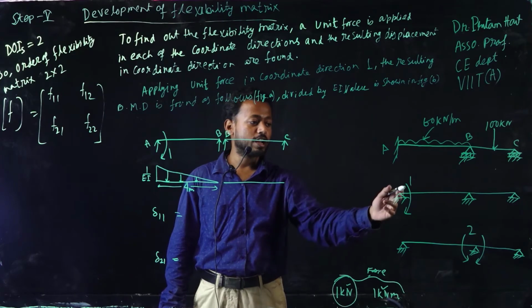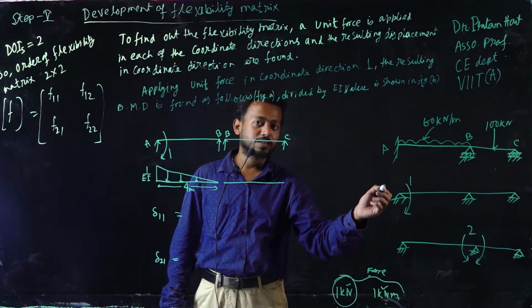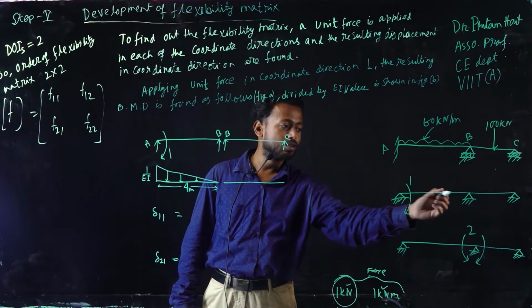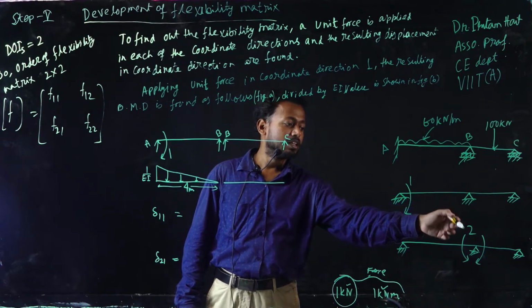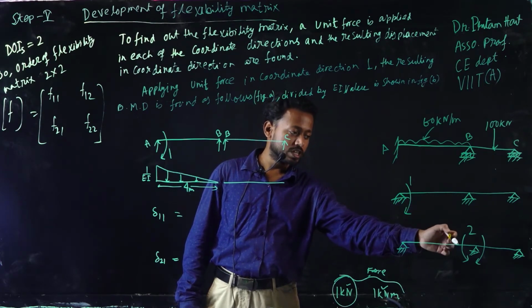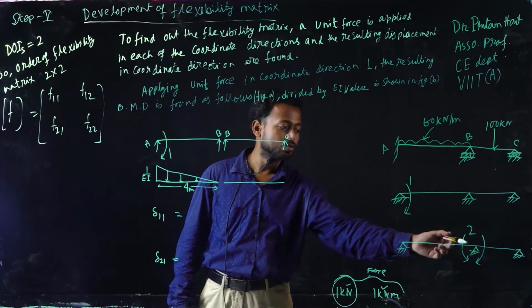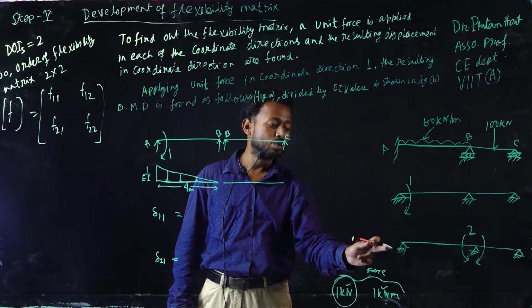That means we are applying unit force at one coordinate and calculating the resulting force in one and two coordinate directions. Next step, we are applying unit force in two coordinate direction, and we will see what is the effect in one coordinate direction and two coordinate direction separately. Okay, that's why I have drawn two separate figures.